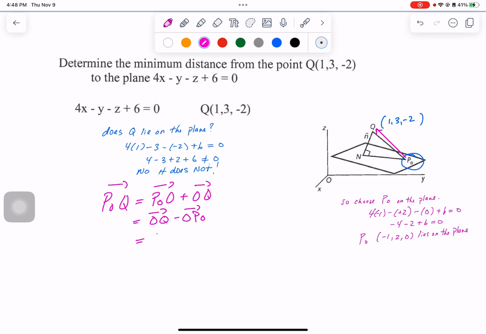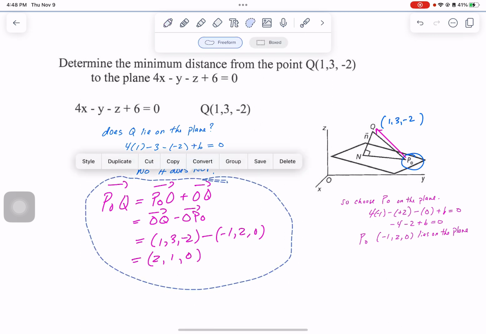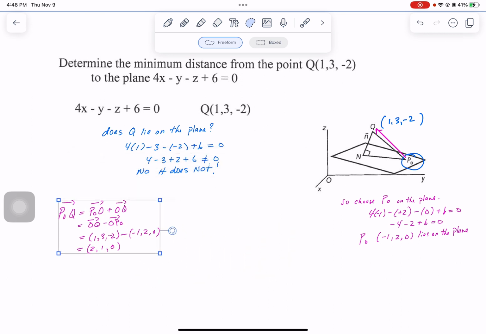And OQ is 1, 3, negative 2, and P naught is negative 1, 2, 0, and it's 2, I hope I'm not making a mistake anywhere, and it's negative 2 minus 0. If I make a mistake, someone send me an email before I leave this up all night.